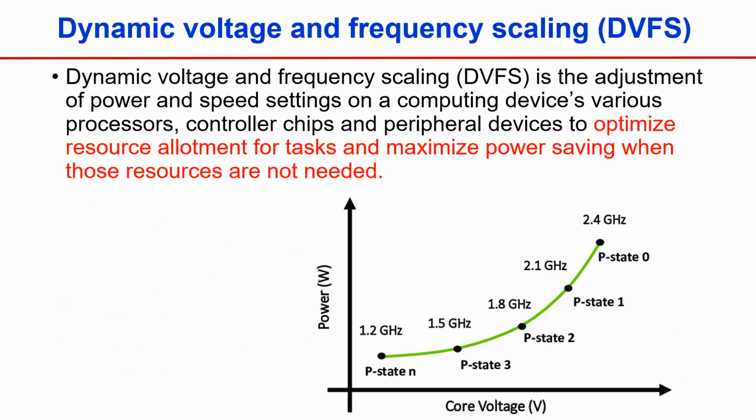Dynamic voltage and frequency scaling is the adjustment of power and speed settings on a computing device's various processors, controller chips, and peripheral devices to optimize resource allotment for tasks and maximize power saving when those resources are not needed.